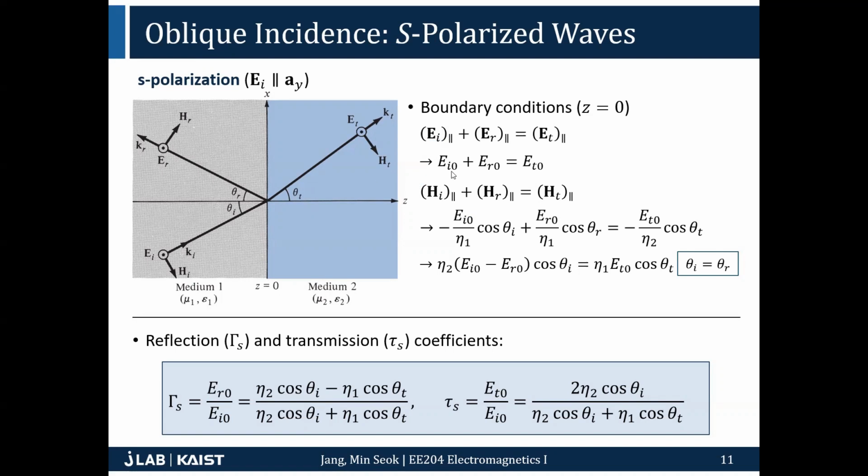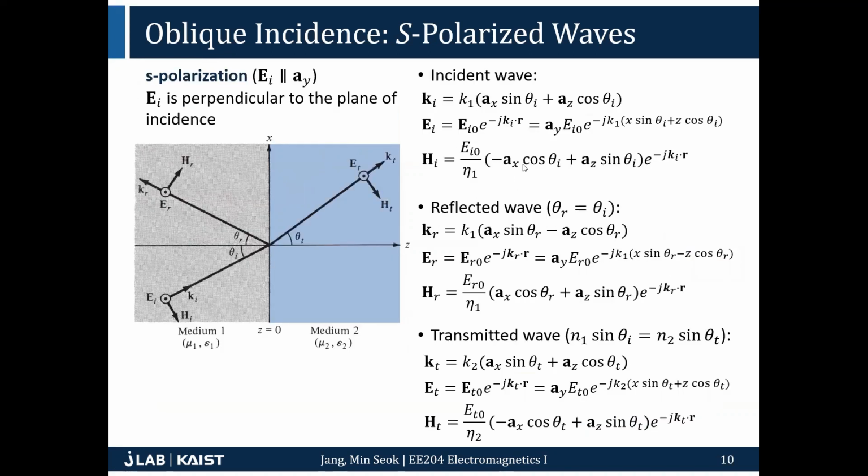And then these 2 conditions, the E parallel continuous is just the E field. The incident wave and reflected wave is equal to the transmitted wave. And then in case of H, we have these forms, right? But H parallel is the x component of the H field.